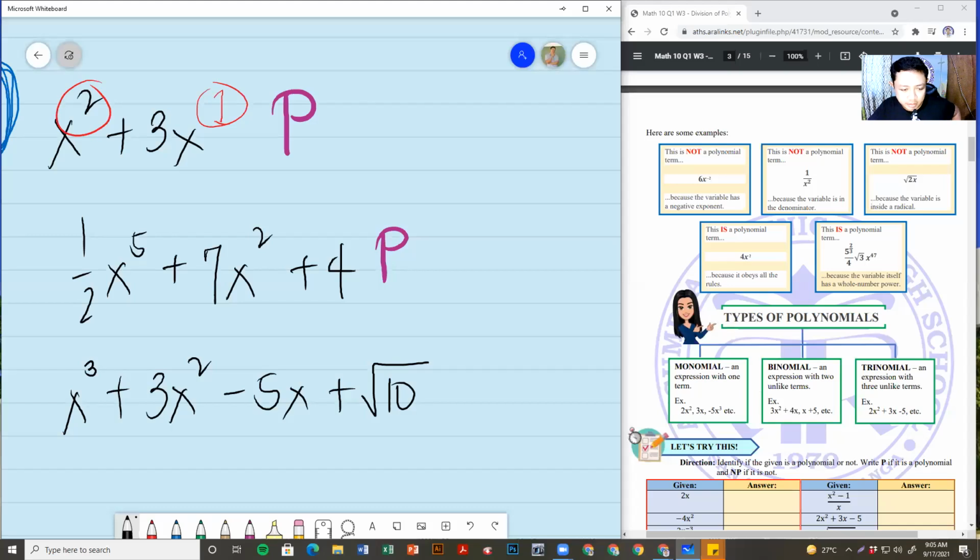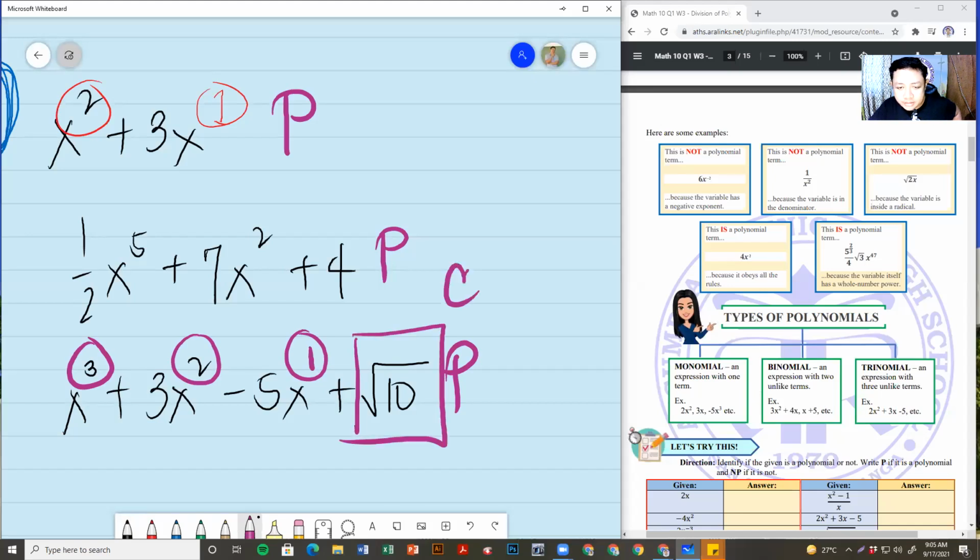This is still a polynomial simply because your exponents are positive integers. And what about this? It's the square root of 10. Remember, coefficients or constants, no matter what type of real number it is, it's okay. Fraction, radical, decimal, whatever, it's okay. It's still a polynomial.